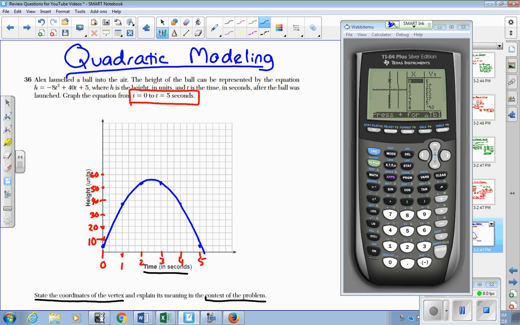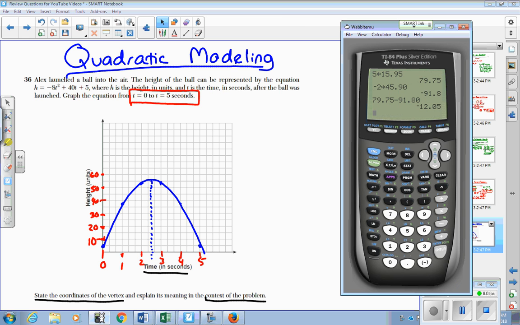Now we have to state the coordinates of the vertex. And it looks, based on our graph, that the vertex is going to be centered around the x value of 2.5. So I'm going to test that theory. I'll get out of my graph screen, and I'm going to type in 2.5 as my time value for t, and see what we get for the maximum height for our vertex.